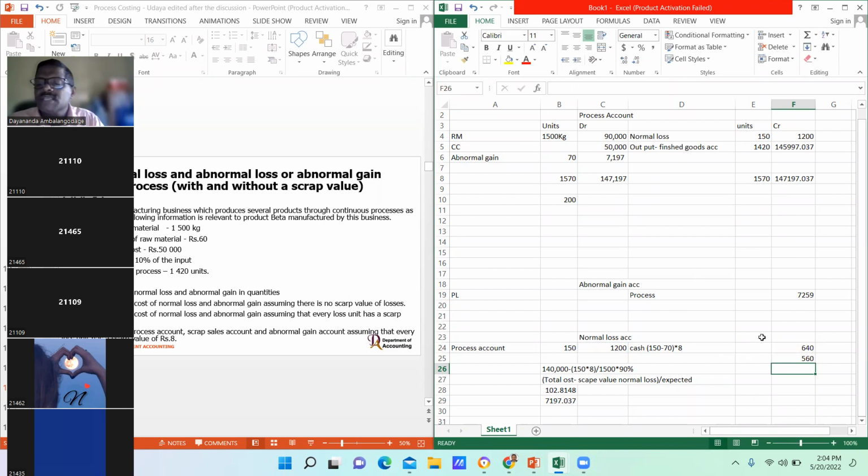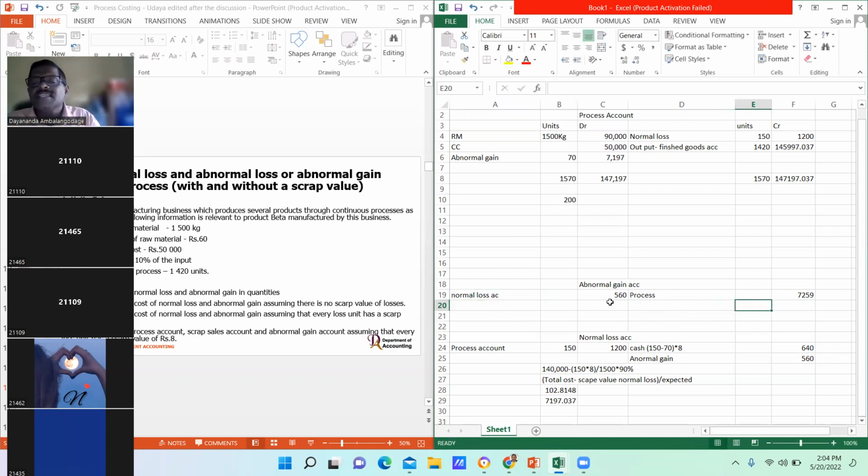So what we will do is, we transfer this into abnormal gain account. That is the entry. You have to remember, abnormal gain account. You transfer that loss into abnormal gain account. Abnormal gain account will be debited by 560, saying that not P&L, normal loss account. Normal loss account. That's what you say.